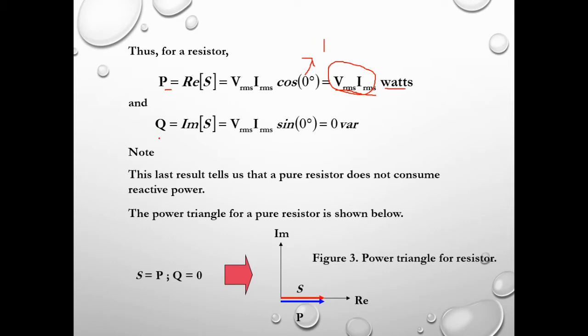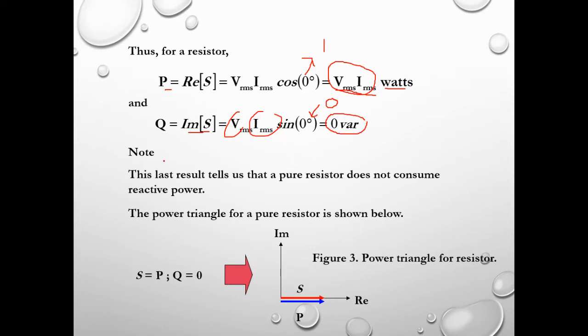And Q, the reactive power, is the imaginary value of S, and after you substitute the 0 angle, this will give us a value of 0. So 0 multiplied by I and V, you will get 0 VAR.